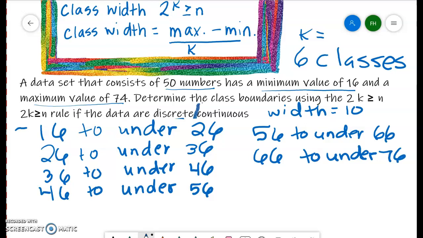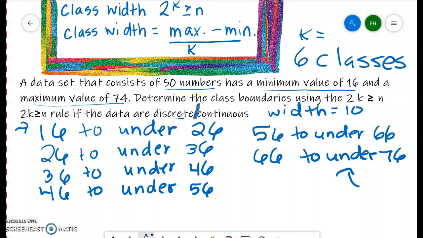So our minimum value is in the first class, and our maximum value of 74 would be in the last class. And that would be your class boundaries for your continuous data.